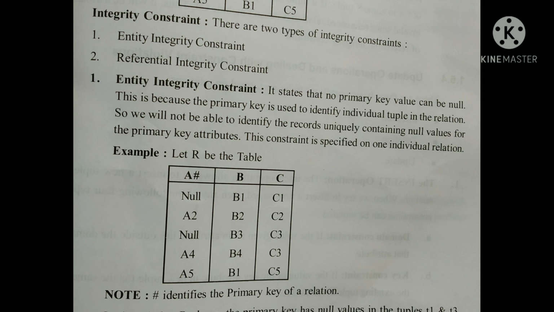For example, in a person relation, the column person ID is a primary key, so the same person ID cannot be given to two persons. Each table must have a single primary key.